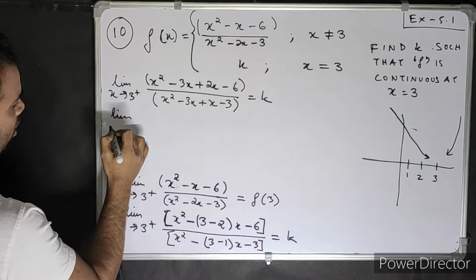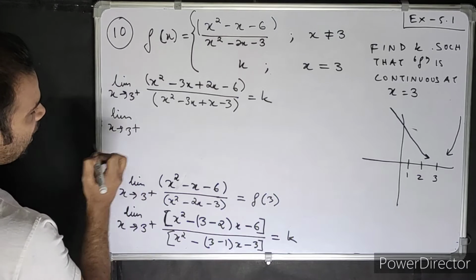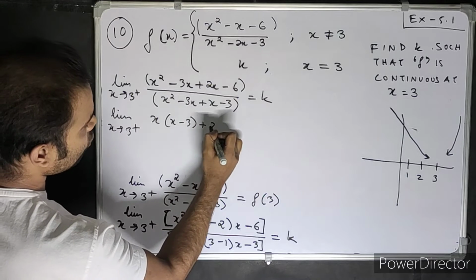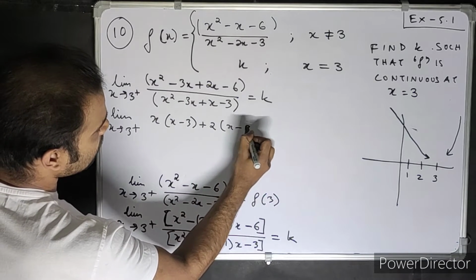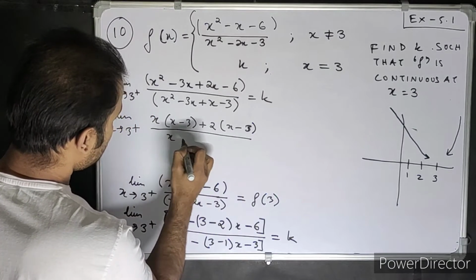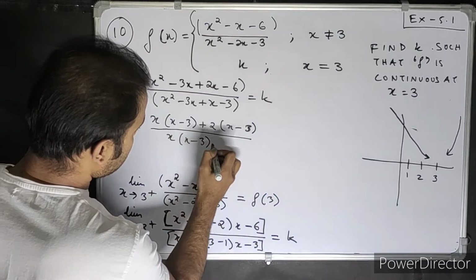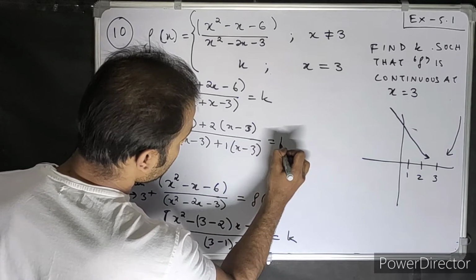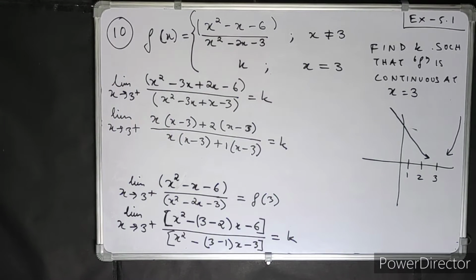So that is limit of x tends to 3 plus x(x minus 3) plus 2(x minus 3), divided by x(x minus 3) plus 1(x minus 3) is equal to k.